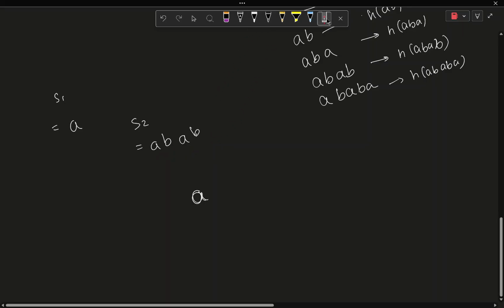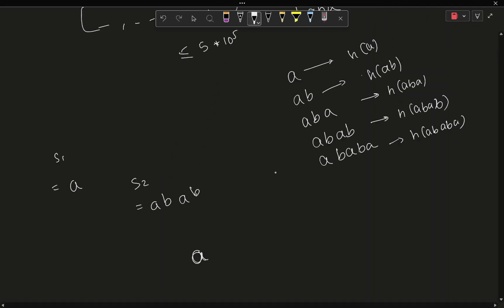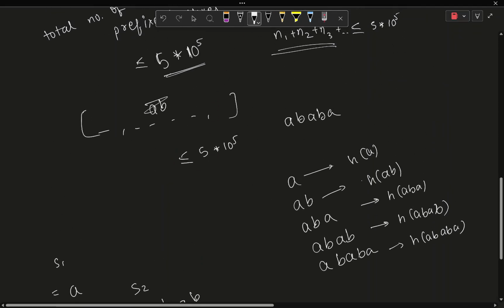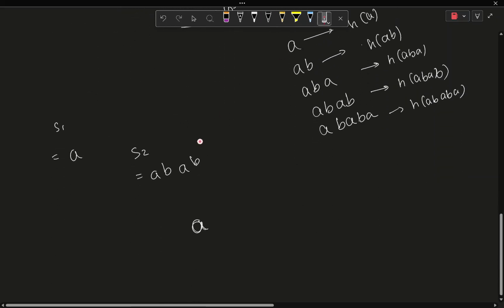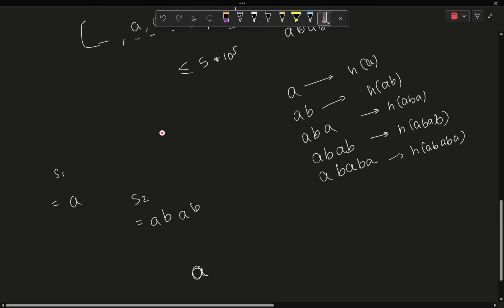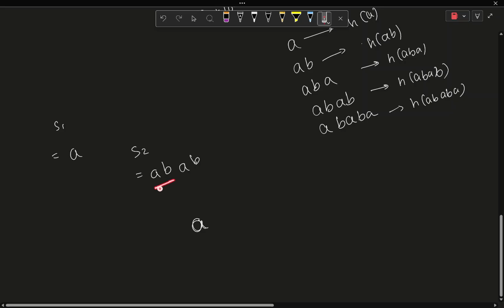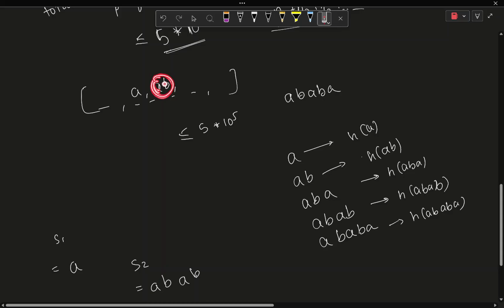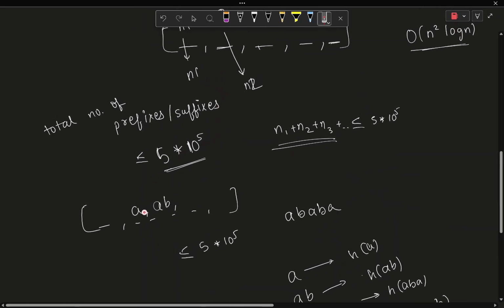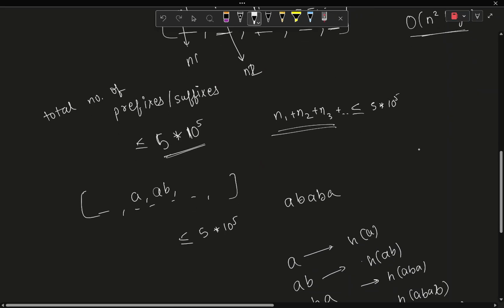So only when I have a prefix and suffix equal in my string, I will add this thing inside some set or a list, which will tell that I don't really care in which string it is, but in one of the strings there is ab coming up as both prefix and suffix. Now if there is any string which is completely equal to ab, then I will increment my answer.